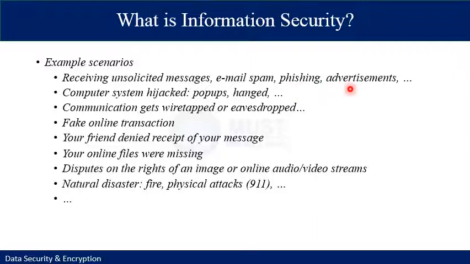There you need information security or secure communication so that no one can send you such messages or phishing requests, or even if they do send you the phishing request, you cannot get caught in their intentions.